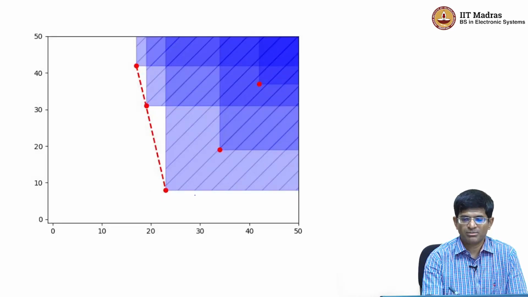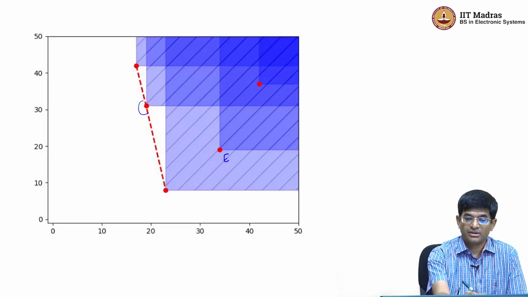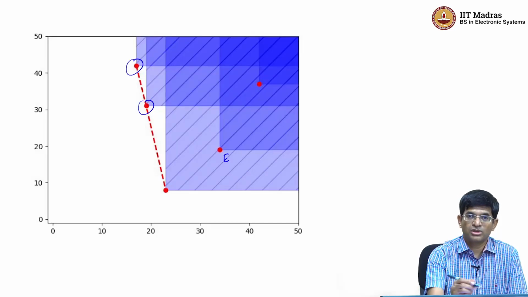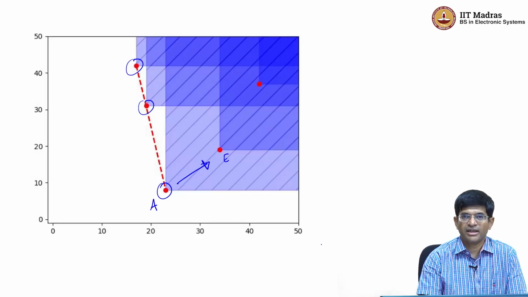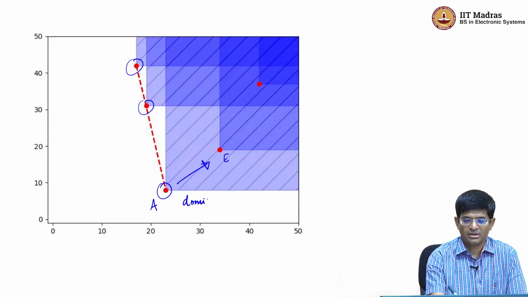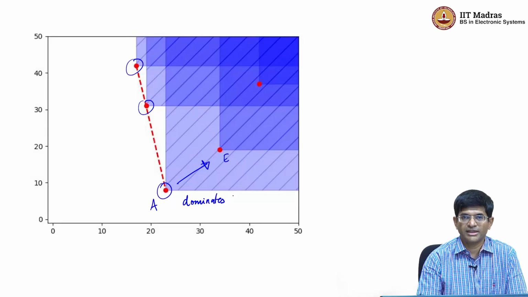A couple more examples. This one, let's say E, is also beaten by A. It would have been an optimal point if I did not have A and I only had B and C, right. But because I do have A over here, A completely dominates E, right.